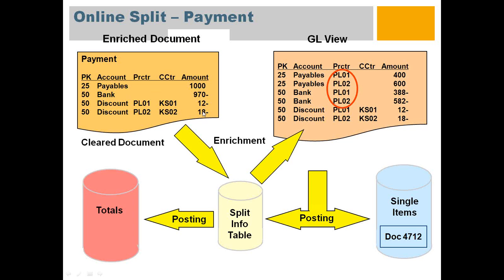Okay, now the discounts are also broken down by your profit center proportionally. Okay, and also your bank payables are also broken down proportionally. So now you also know how much cash is outstanding by profit center.